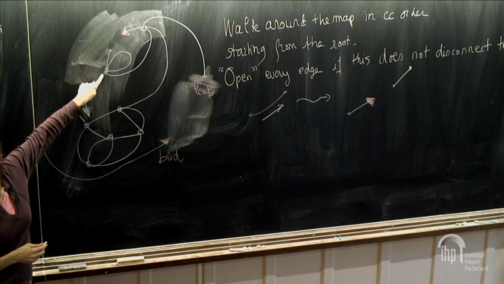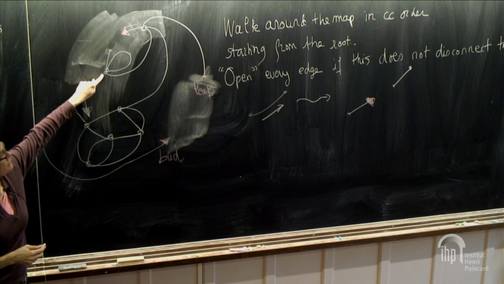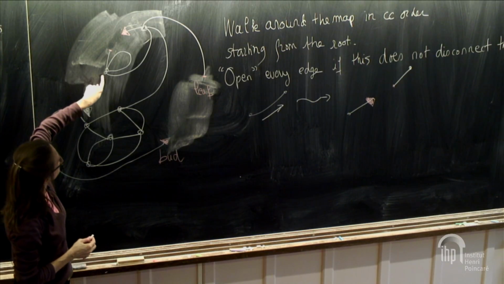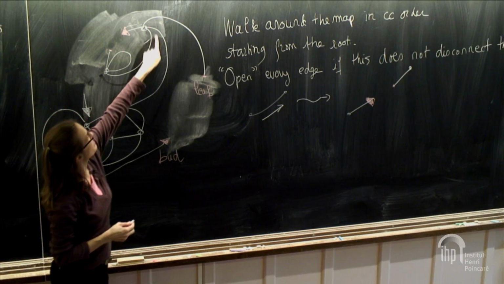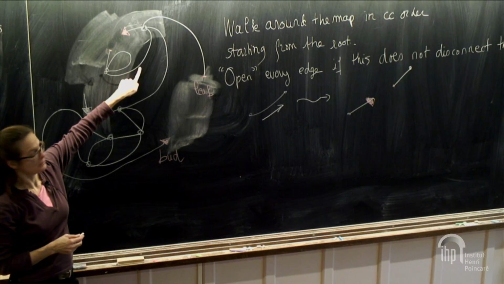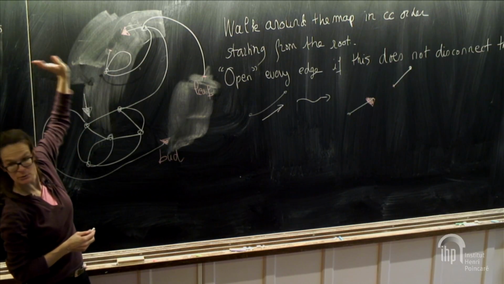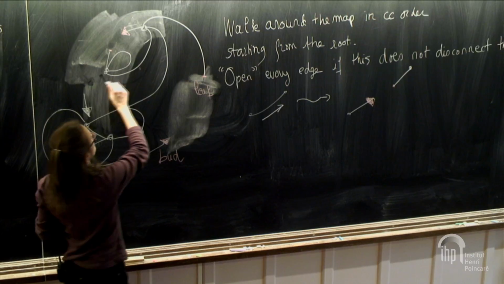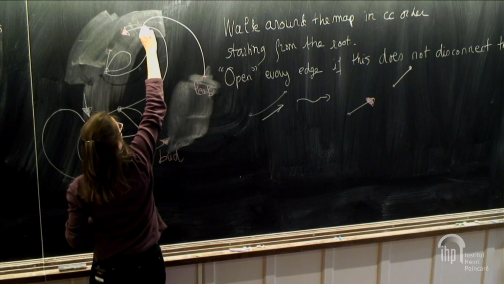And I've reached this corner here. So I go on walking around my structure. I come here. Can I open this thing? No, because if I open this piece will fall out. So I keep this one, and I'm here.